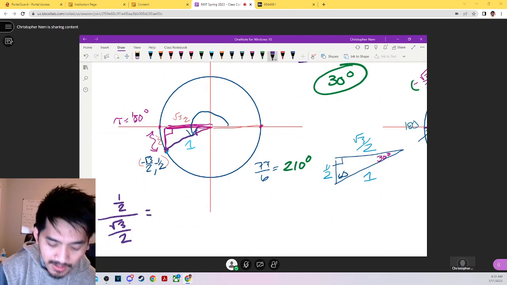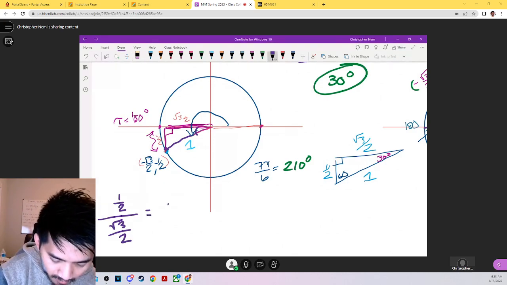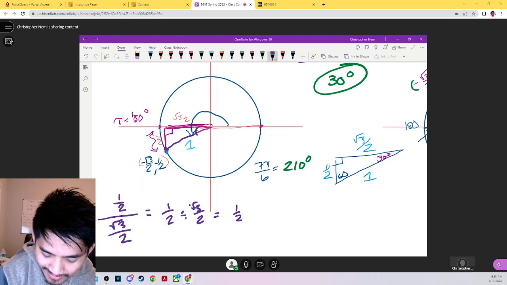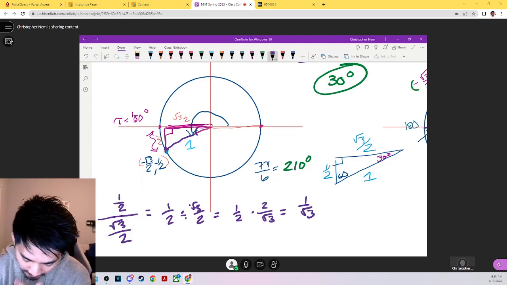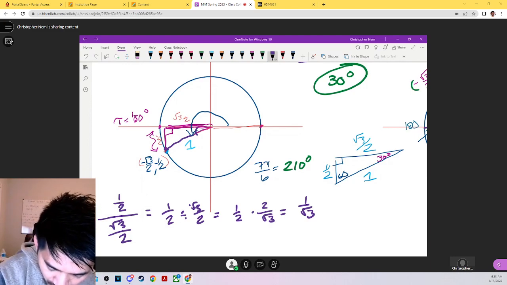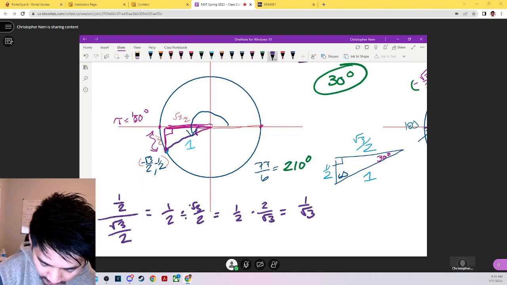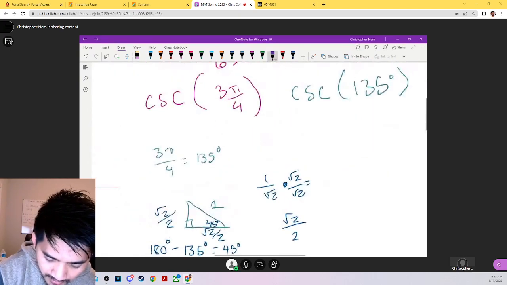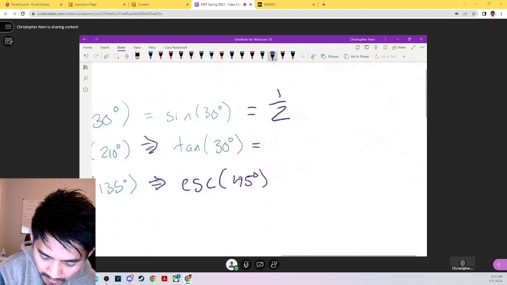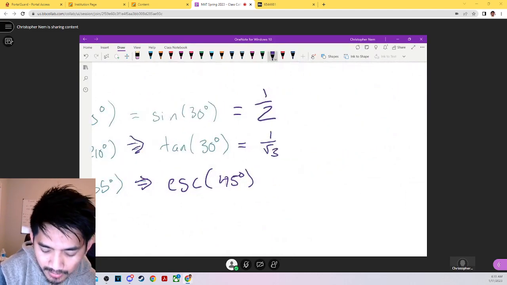If I multiply this out, I say 1/2 divided by square root 3 over 2, which is equal to 1/2 times 2 over square root 3, which the 2's cancel out. We get 1 over square root 3. So tangent of 30 degrees is going to be 1 over square root 3.